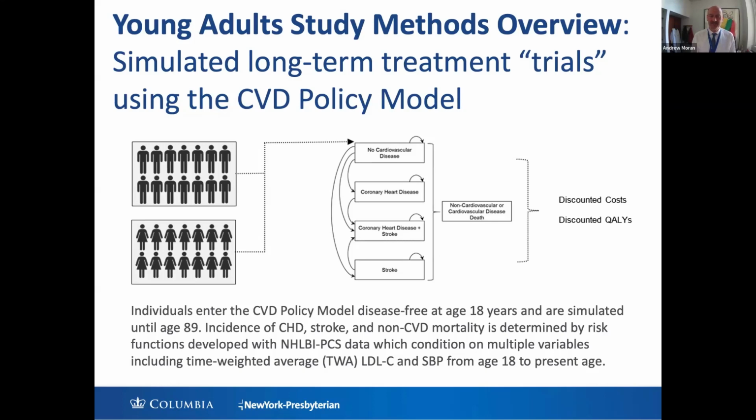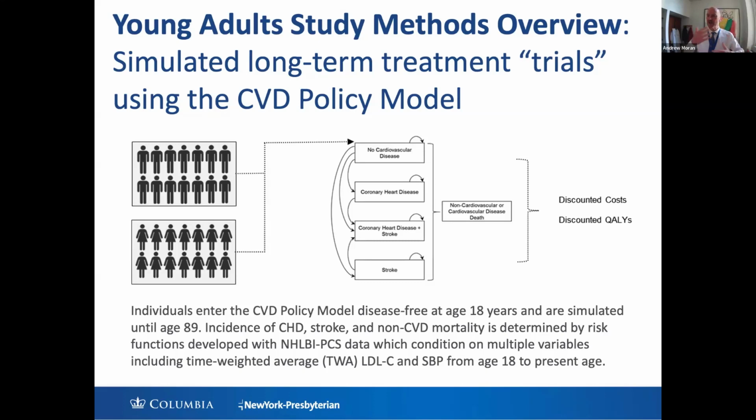And you can see in this schematic, we gather a cohort of individuals. Usually we sample them from the US NHANES survey, so the nationally representative cohort, and then we put them into this model where we simulate their outcomes, cardiovascular disease, including stroke, coronary heart disease, and non-cardiovascular death.